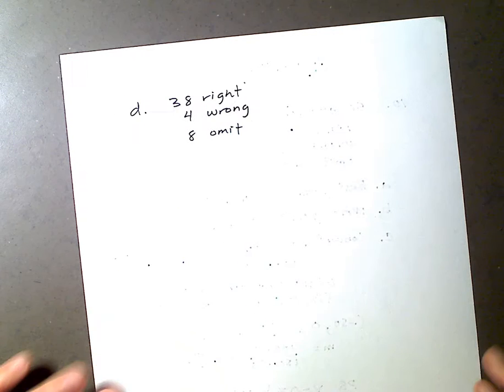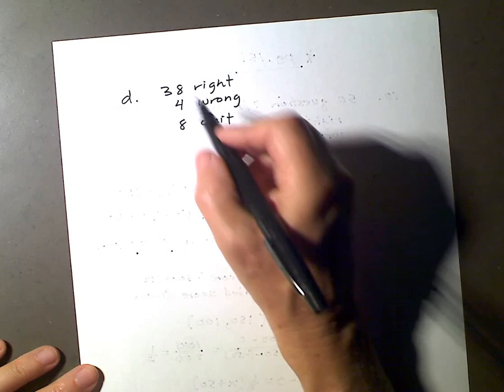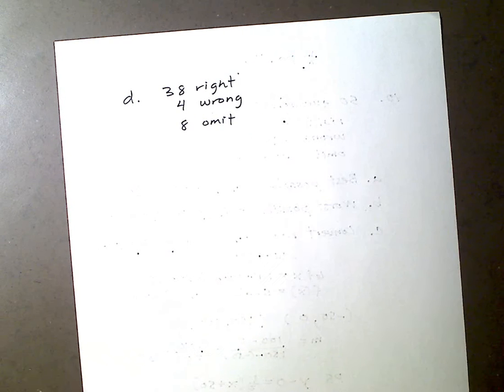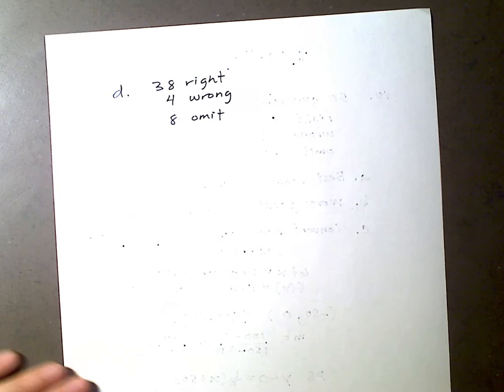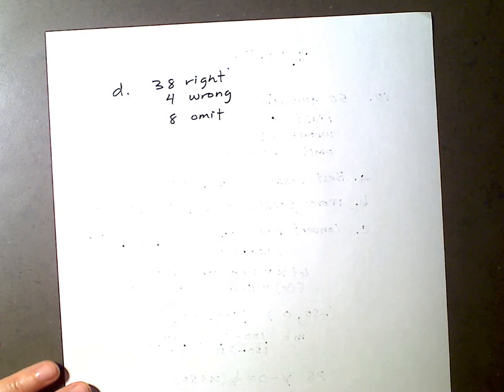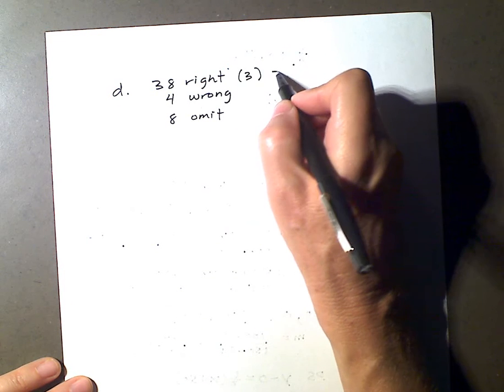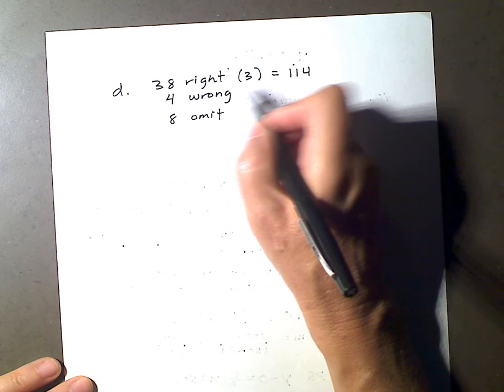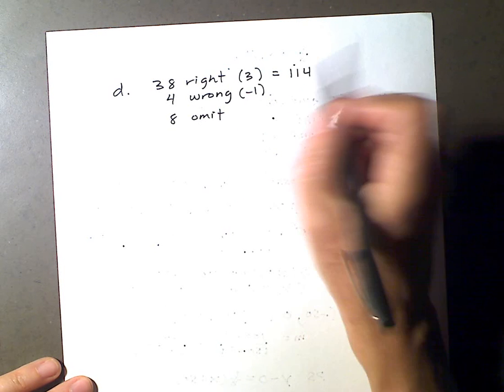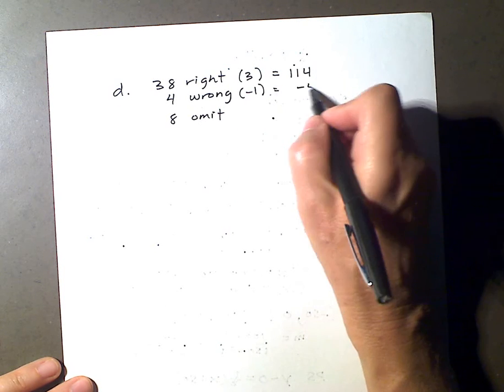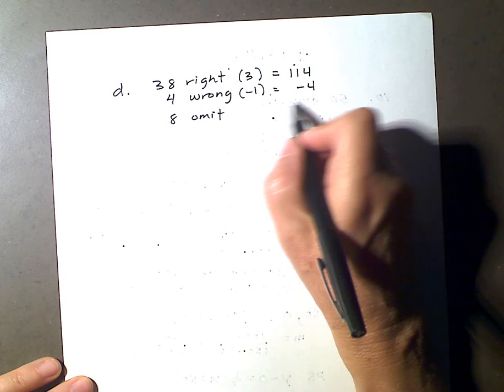They said, what if you got that and you would have a score out of 150 and then convert it to a score out of 100. So 38 right times 3 each would be 114 points. 4 wrong at -1 each is -4 points, and the omitted ones don't count for anything.